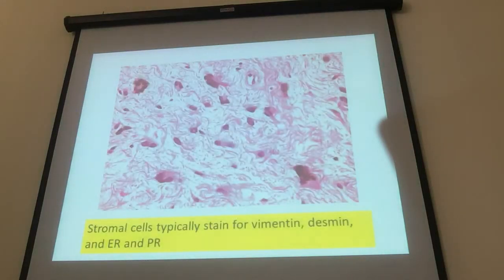So here are some of these stromal cells. You can see multinucleation, some atypia, and these will usually be Vimentin and Desmin positive, and they may also be ER and PR positive, indicating they're hormonally sensitive. So when many of these patients have some hormonal manipulation, that may be what's causing the growth.